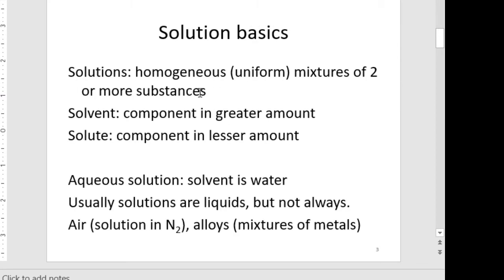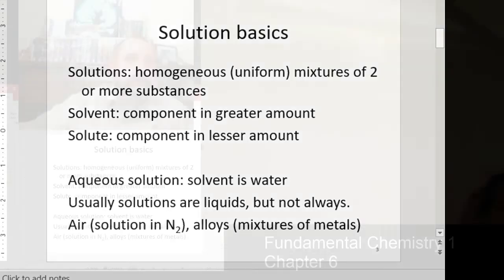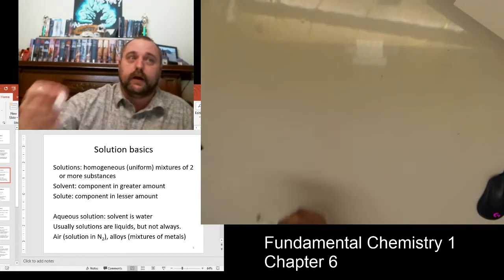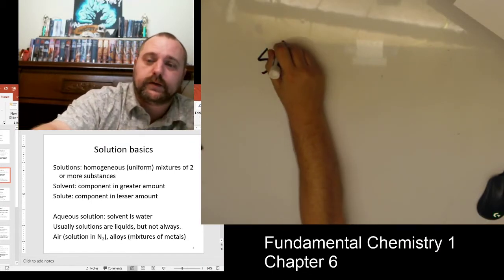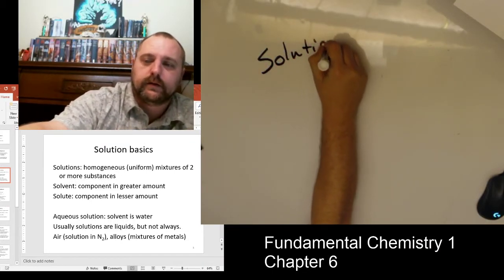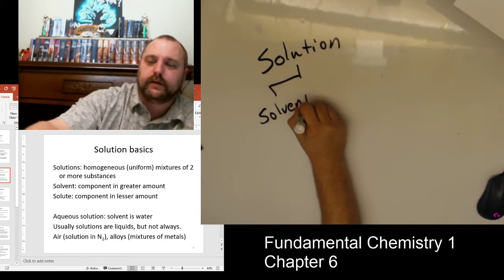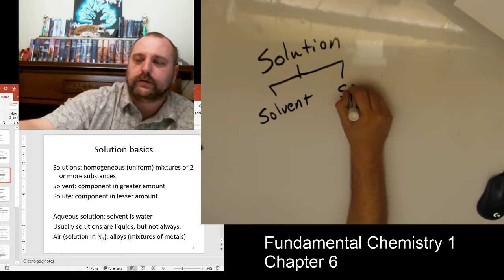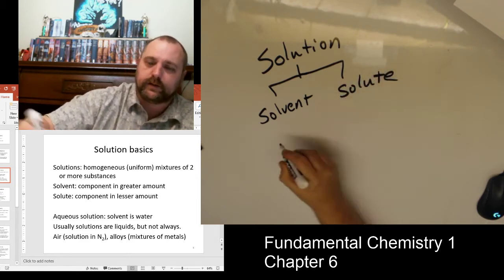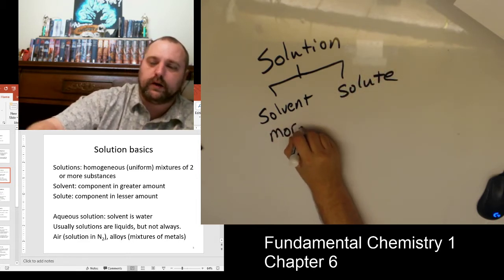So we're going to start with the basics for a solution. A solution is made up of two parts, the solvent and the solute. The way I usually like to draw this out is a solution as a solvent and the solute. Now the solvent is what you have more of.